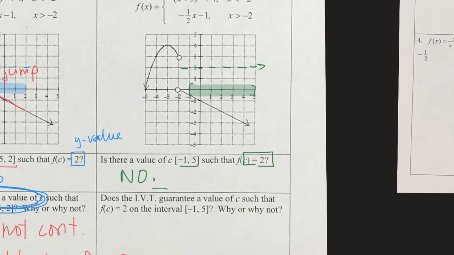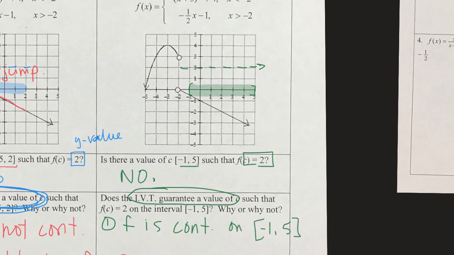Does the IVT guarantee a value? So number 1, is it continuous? Yes, F is continuous on negative 1 to 5. It 100% is continuous on negative 1 to 5.